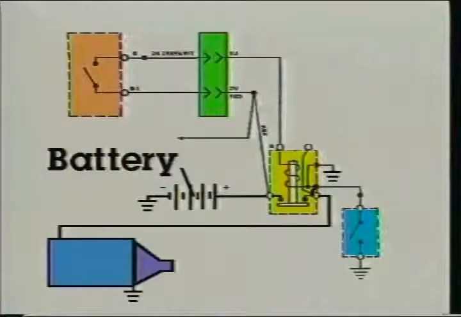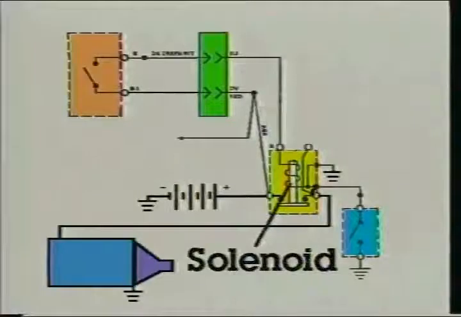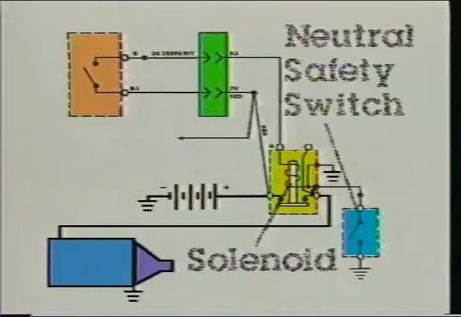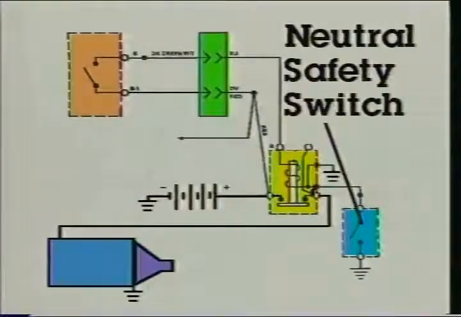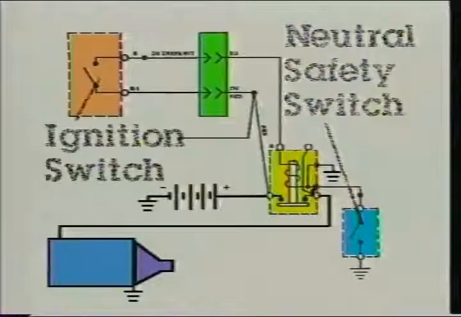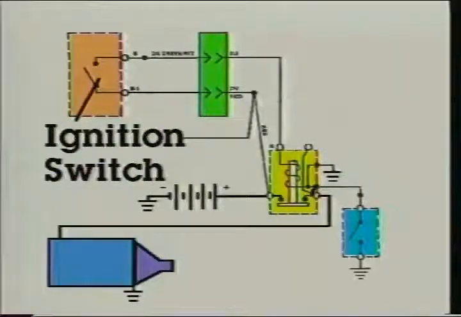Note the battery symbol in this starting circuit diagram. It connects to the starter solenoid. A neutral safety switch is often used to keep the engine from cranking while the shift lever is in gear. The ignition switch feeds current to the starter solenoid when the driver turns the ignition key to start.